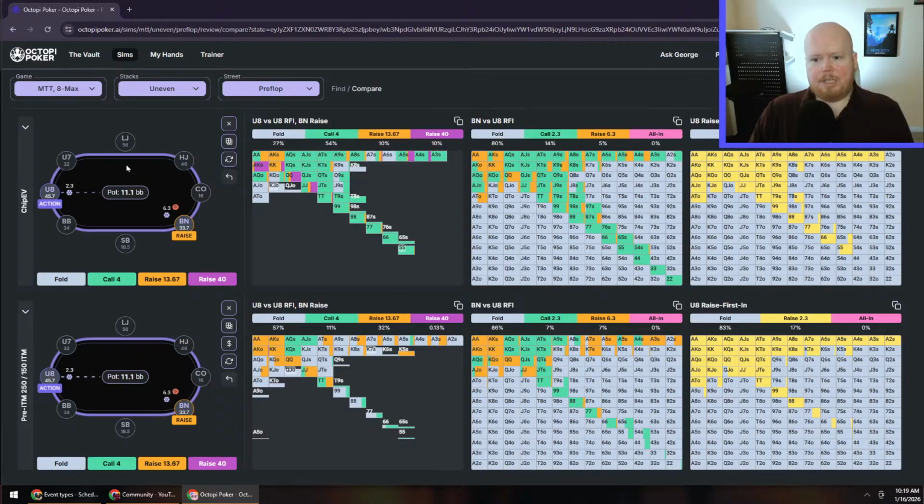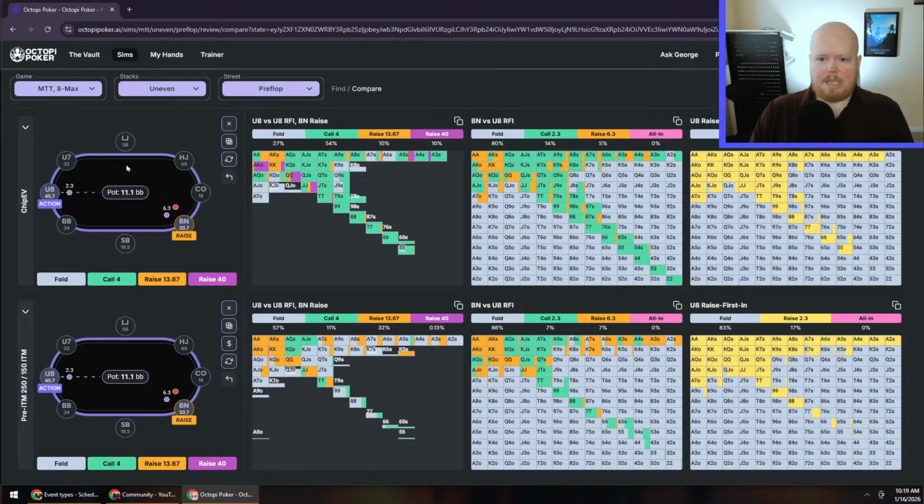So I think it's really important to develop that skill set of being able to be adaptable, right? I think the ChipEV ICM comparison is not so much a case of us just flipping from one to the other. It's very much a case of our strategy having to combine elements of both, or account for different levels of risk premium.